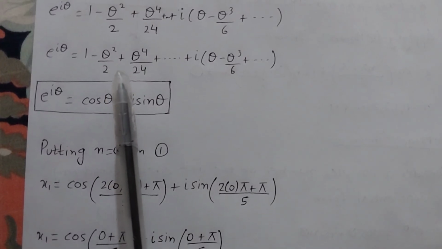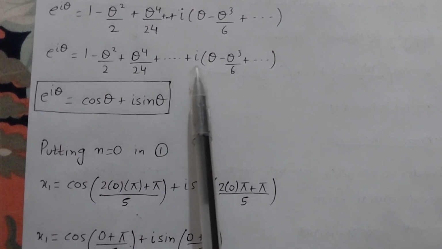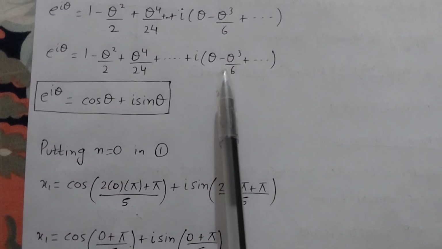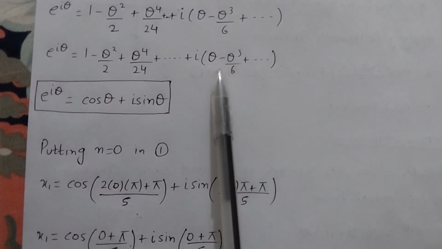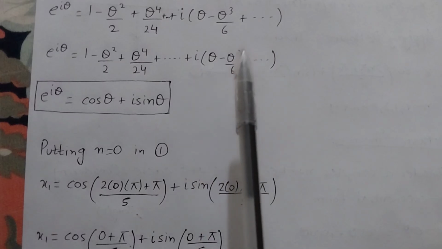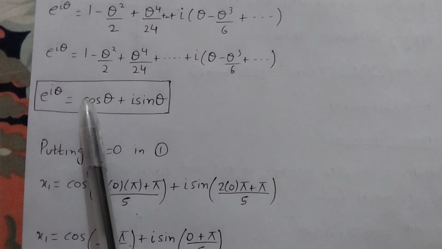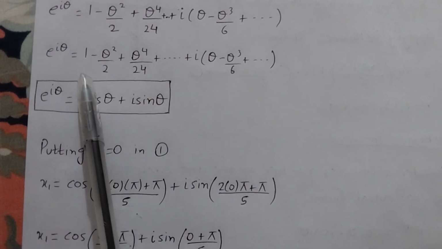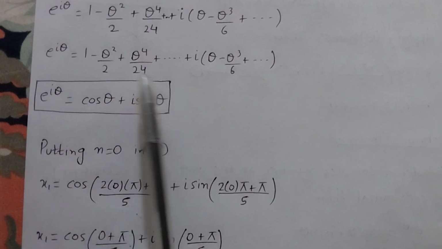It doesn't end here. So that's why these real terms will also not end, and we'll take iota common from the imaginary terms, and the series in this bracket also keeps going on and on. So theta minus theta cube over 6 plus up to so on. The signs are alternated, and here we also have the alternate signs in consecutive terms.